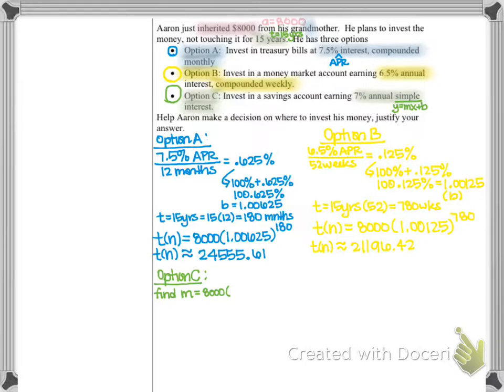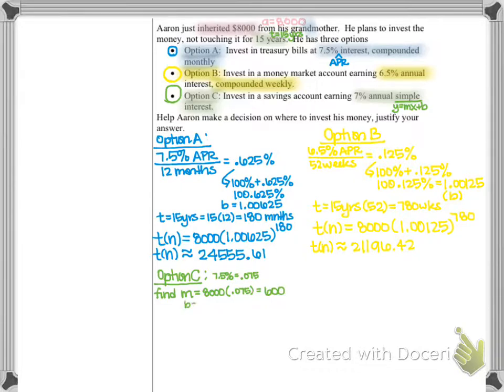However, I'm going to turn it out of a percent and into a decimal. So 7.5% is going to be 0.075. That would be my multiplier, so that's going to go in here. That's telling me how much it's going to grow. Now I'm going to do 8,000 times 0.075, and that's going to give me 600. So there's my slope.